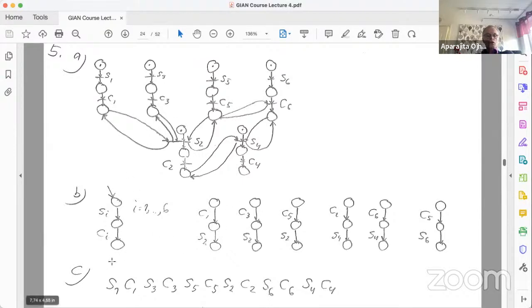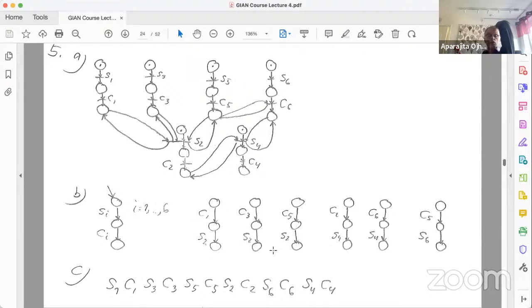Okay, then we can also describe this by simple automata that are shared and synchronized. So we can look, for instance, specifically at S2. That requires that C1 has been executed. So here you have that C1, C3, and C5 must all be executed, and then you are in these states.